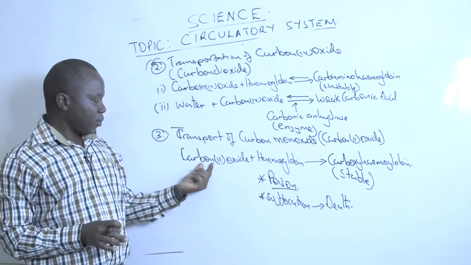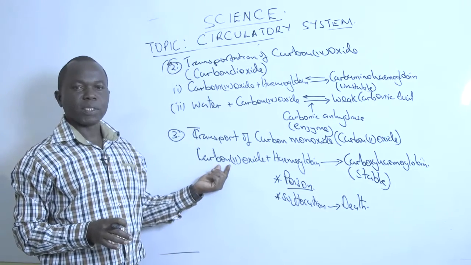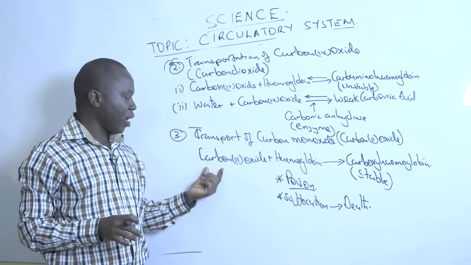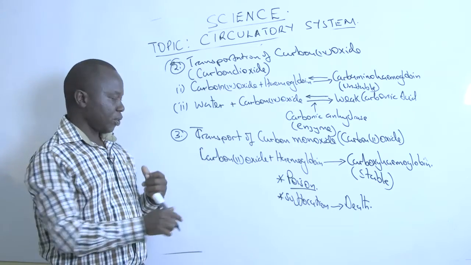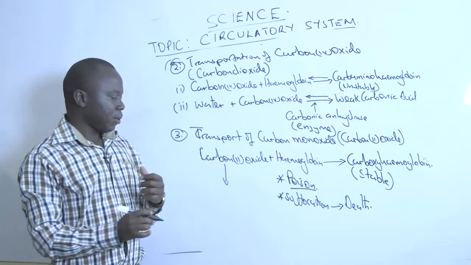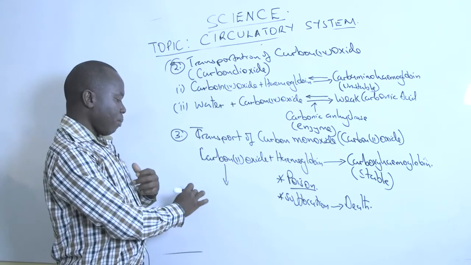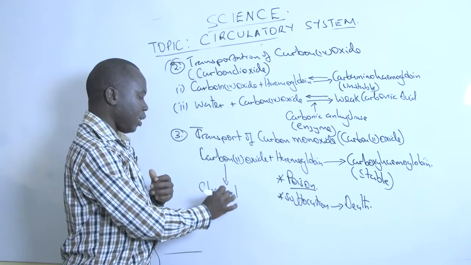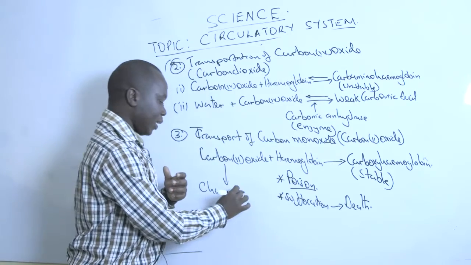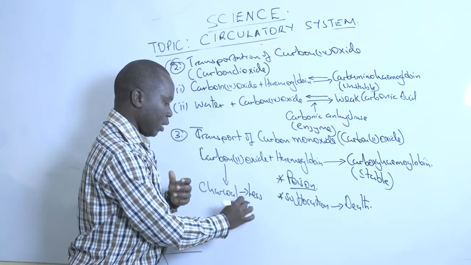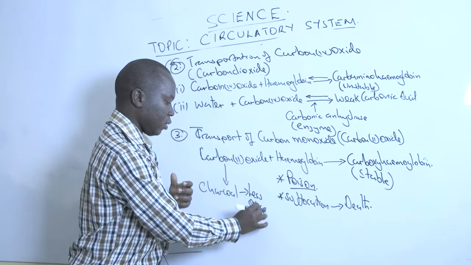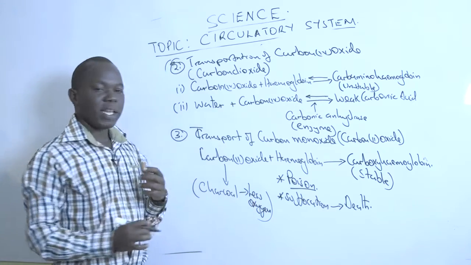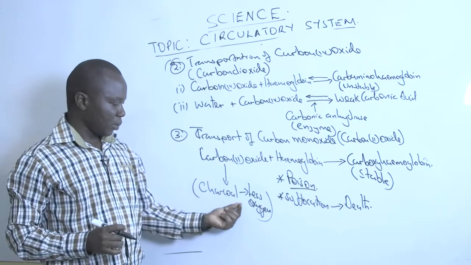Now, we have to find out under what condition we have carbon monoxide being produced. Carbon monoxide is produced when we burn, for example, charcoal in limited supply of oxygen, or in poorly ventilated rooms.